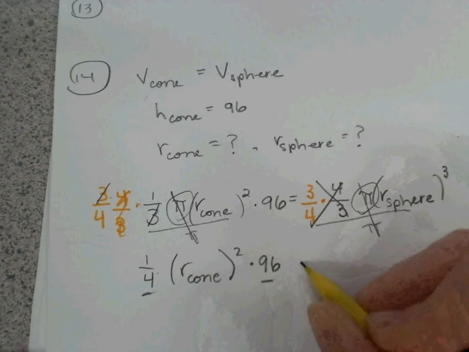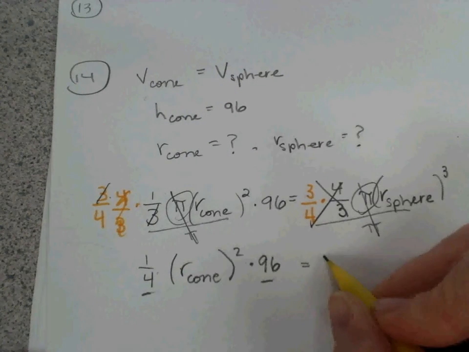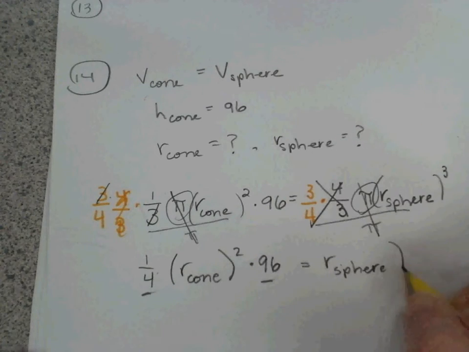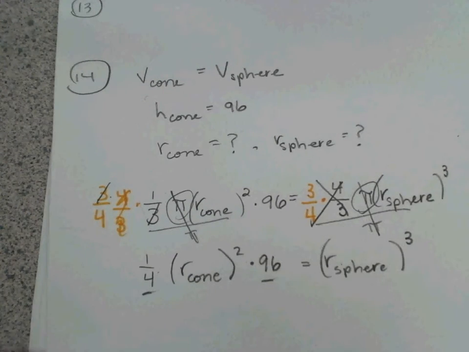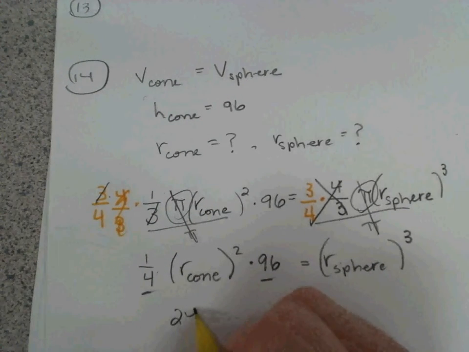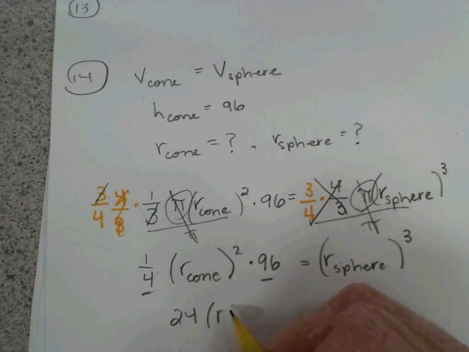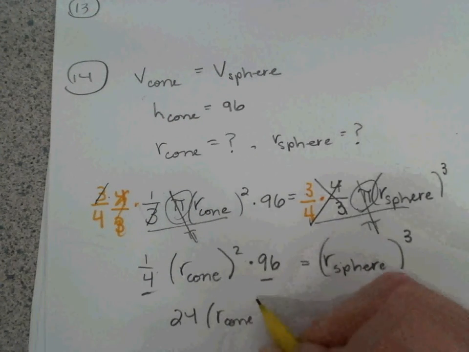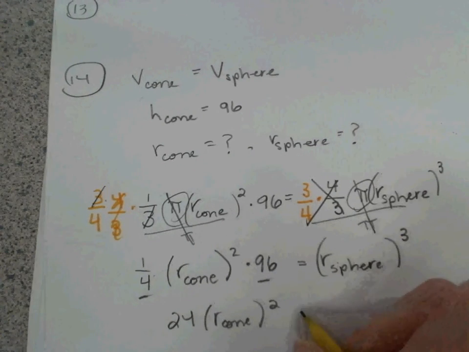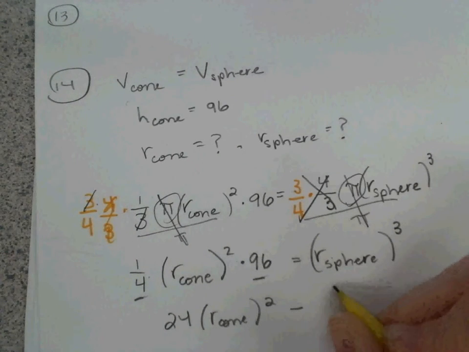I'm going to multiply those out in a second, equals the radius of the sphere cubed. Now 1/4 of 96, or 96 divided by 4, is 24, times the radius of the cone squared. I'm going to go ahead and now subtract this radius from both sides.